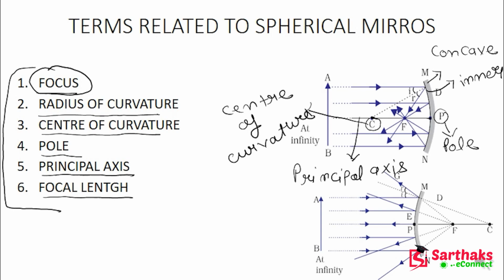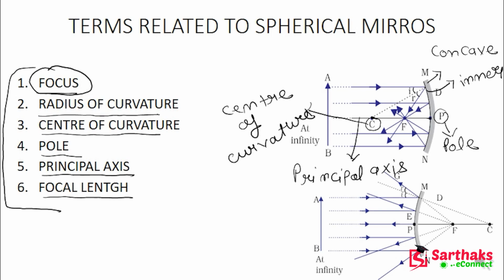You can ask me what is center of curvature and what is pole. I will tell you these two terms later, because now we are understanding focus. For now just understand that the line which connects C and P is the principal axis.